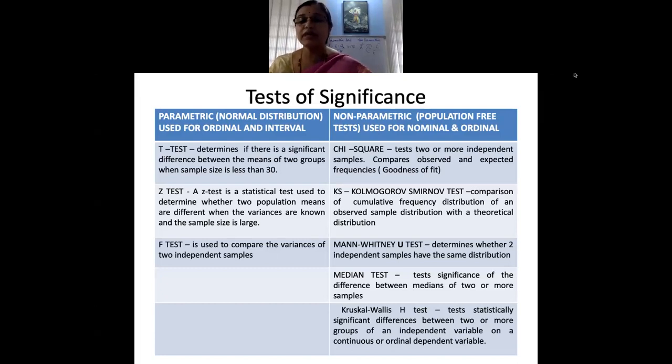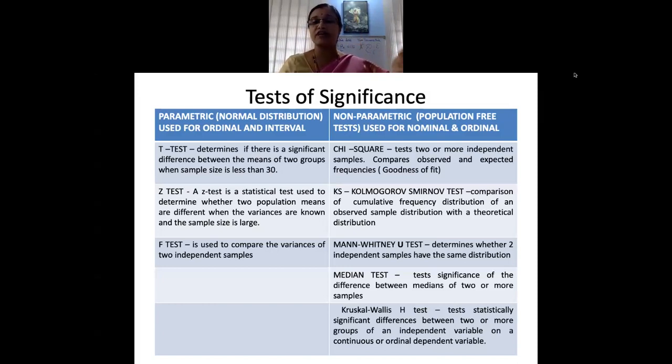Now every time we cannot use the t-test, because the limitation of the t-test is that it works only when there are two samples. When there are more than two samples, it's very difficult to do multiple tests with the t-test.